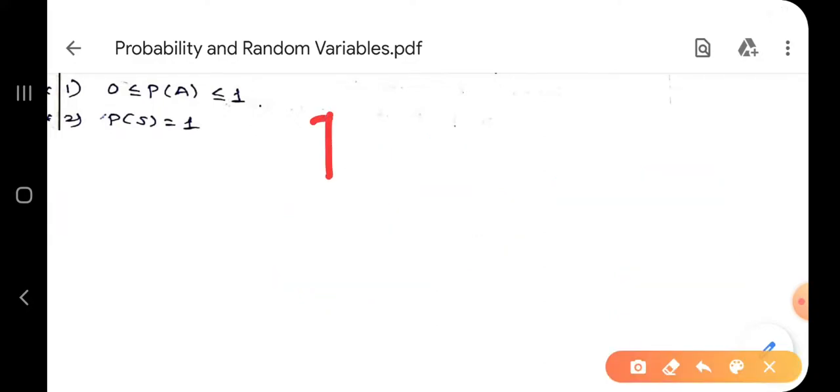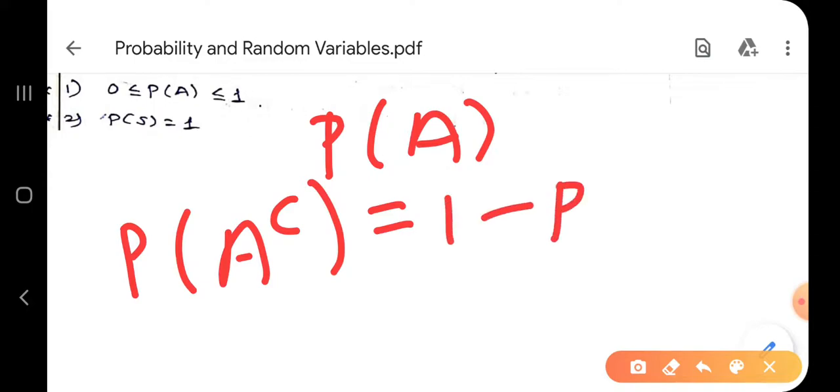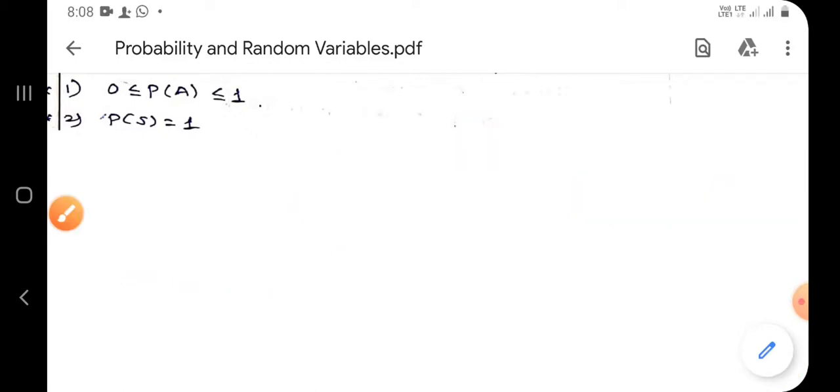And if P of A is the probability of A occurring, then from the relation p plus q equal to 1, P of A complement is 1 minus P of A. Understood the concept? And p plus q is equal to 1.